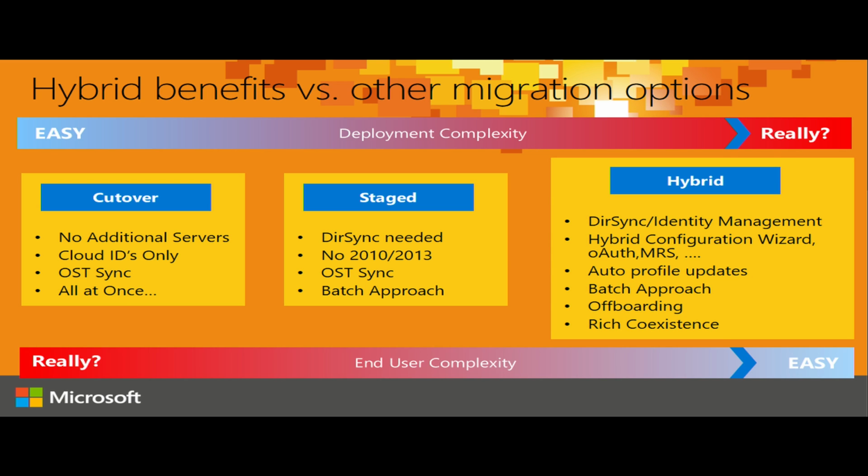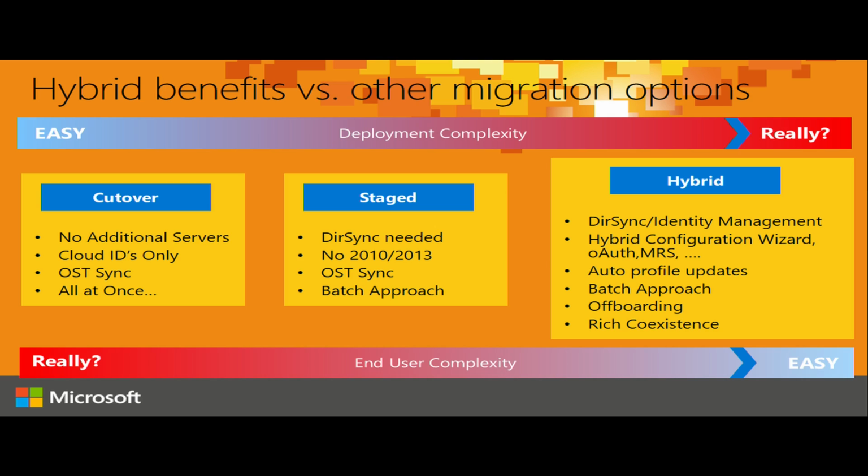And the third approach is the hybrid deployment. With hybrid deployment, there's more requirements. Similar to staged, you need a DirSync server as well. You could have Active Directory Federation if that's required. The good thing with this is it automatically updates your Outlook profile, so there's no need to change that manually.